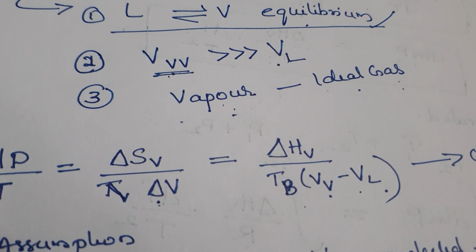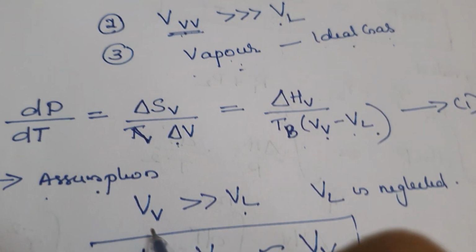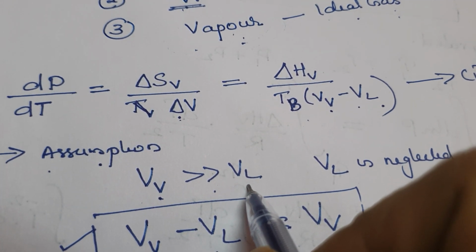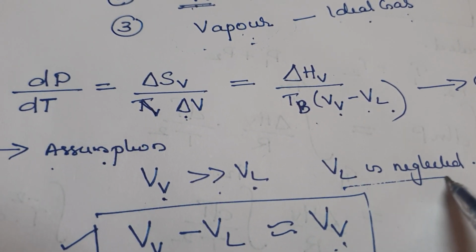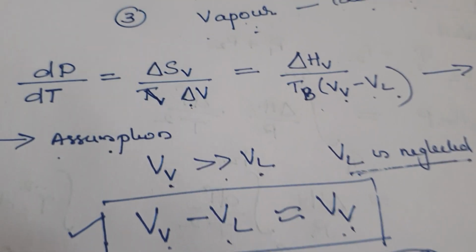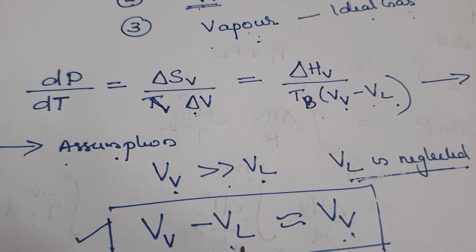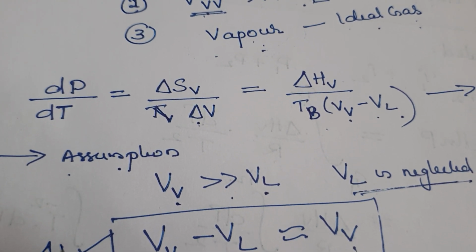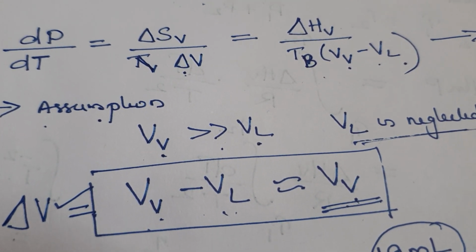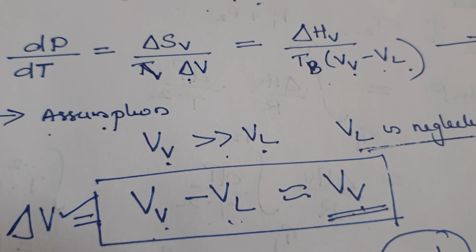And we are going to apply the assumptions. One is that the volume of vapor is much greater than the volume of liquid, so the volume of liquid we are going to neglect here. So V_V minus V_L, which is our delta V, will become V, the volume of vapor alone.